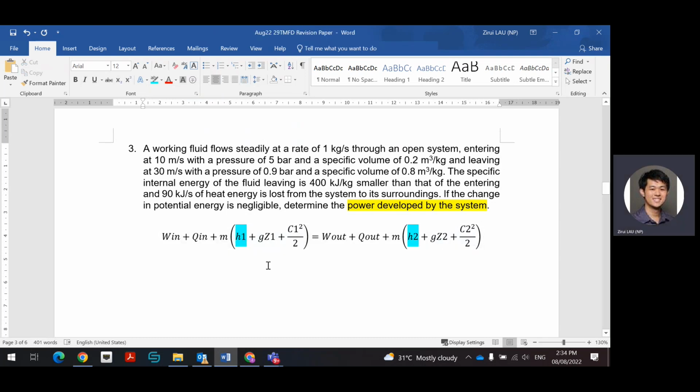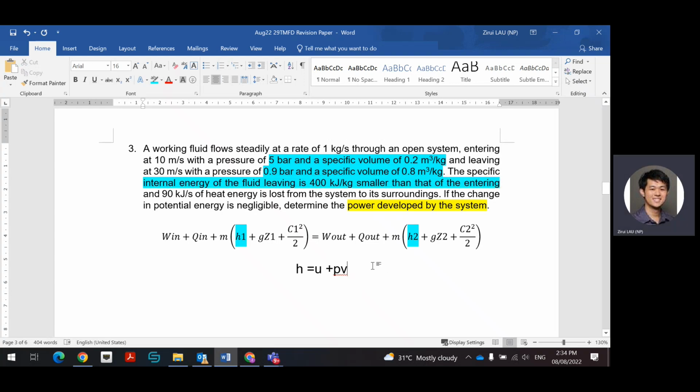Okay, so we know that H is equal to U plus PV. This is given to us. Today we have the pressure and the specific volume at the inlet, and the pressure and the specific volume at the outlet, and the internal energy leaving is 400 smaller than that of the entering.